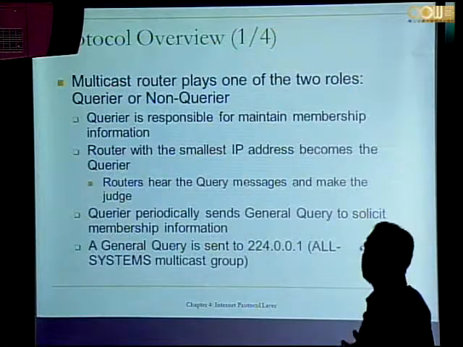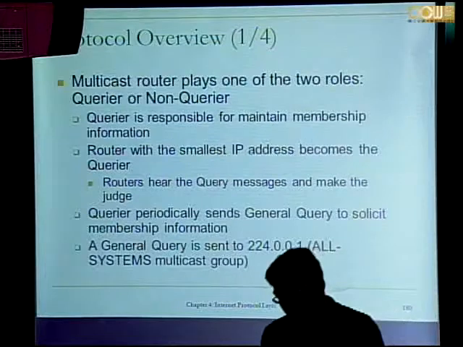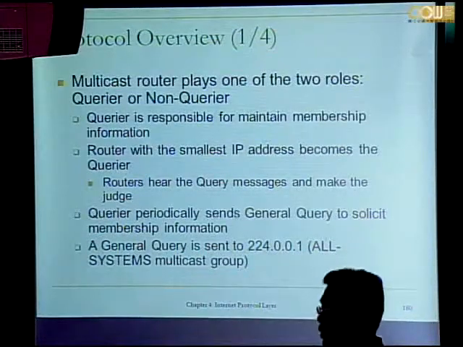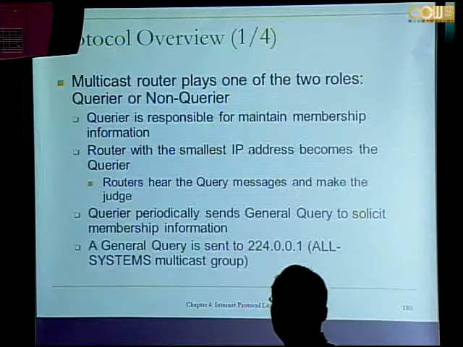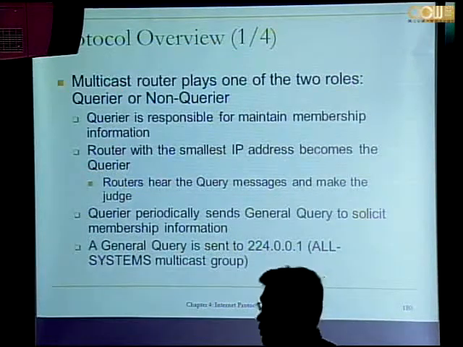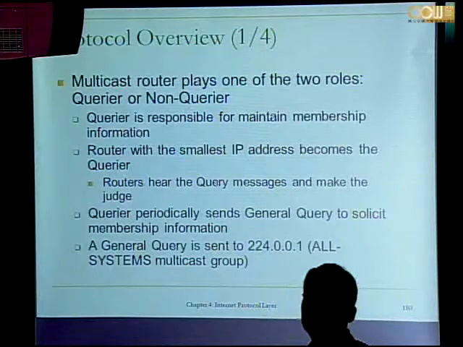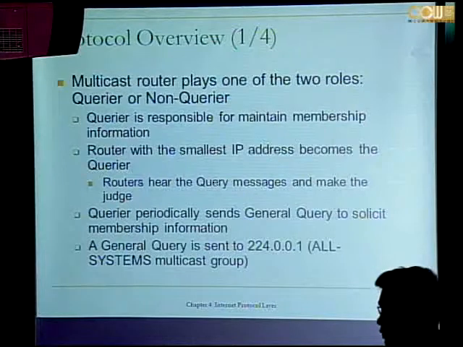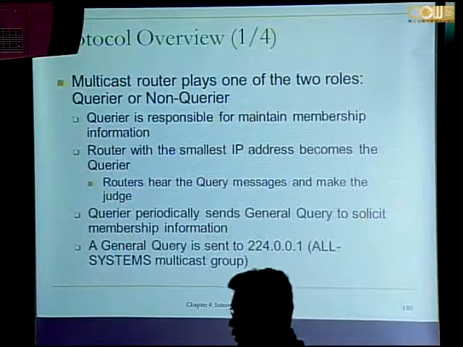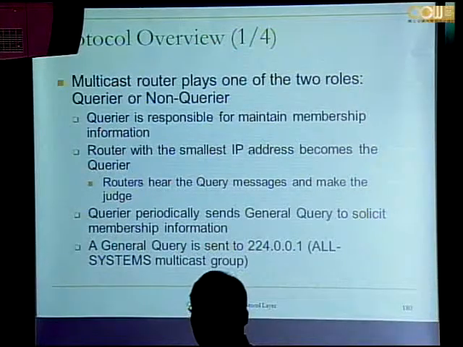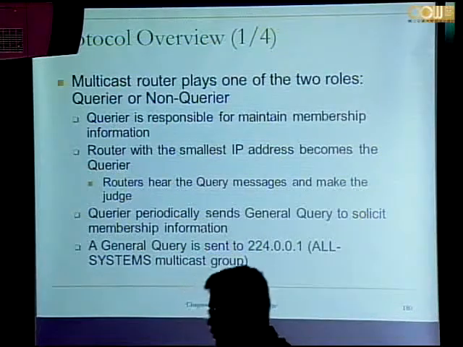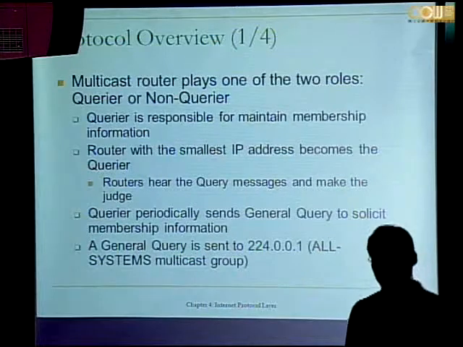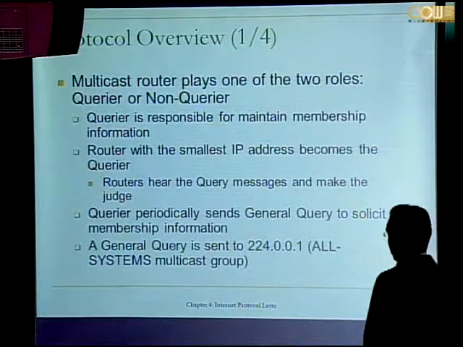If on this subnet there are multiple routers, then one of the routers will be the querier. And which one? The one with the smallest IP address will be the querier. So this router will be in charge of this subnet.